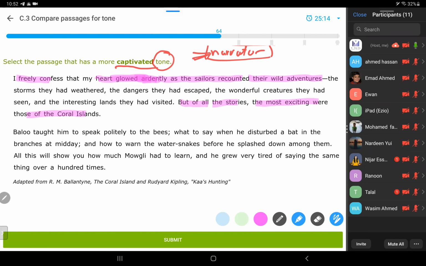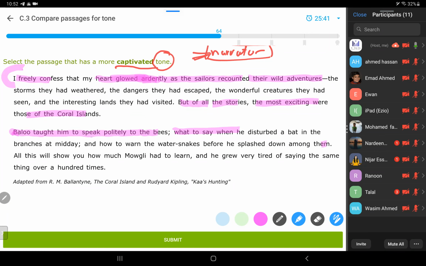What do you think? How did he feel? Second one: Baloo taught him to speak politely to the bees, what to say when he disturbed a bat in the branches at midday, and how to warn the water snakes before he splashed down among them.